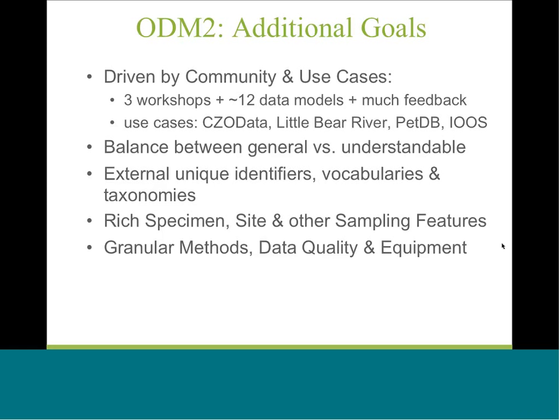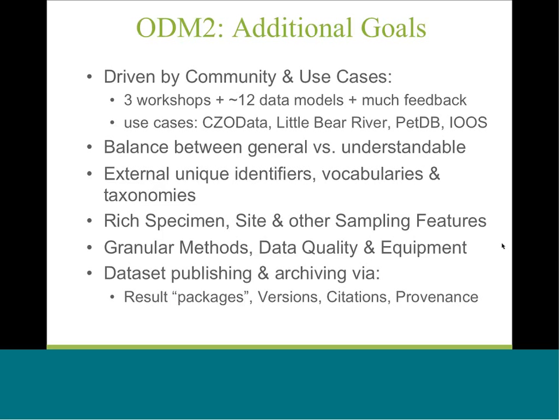And we want to be able to support both that historical use case, but also the ability to separate those all out. We obviously want to keep track of data quality. And as I mentioned earlier, there are now numerous use cases where keeping track of equipment, such as sensor serial numbers that are deployed out in the field and all of their calibration history and maintenance history, is increasingly important for our community.